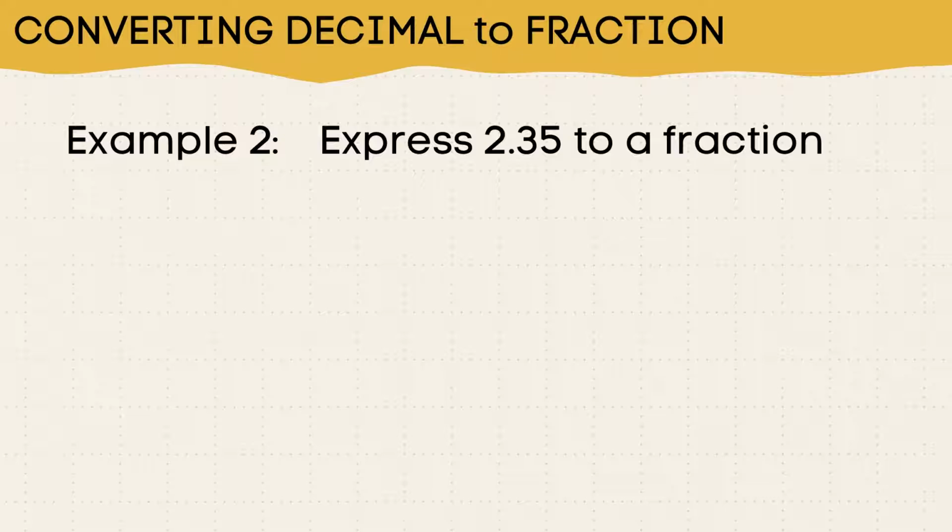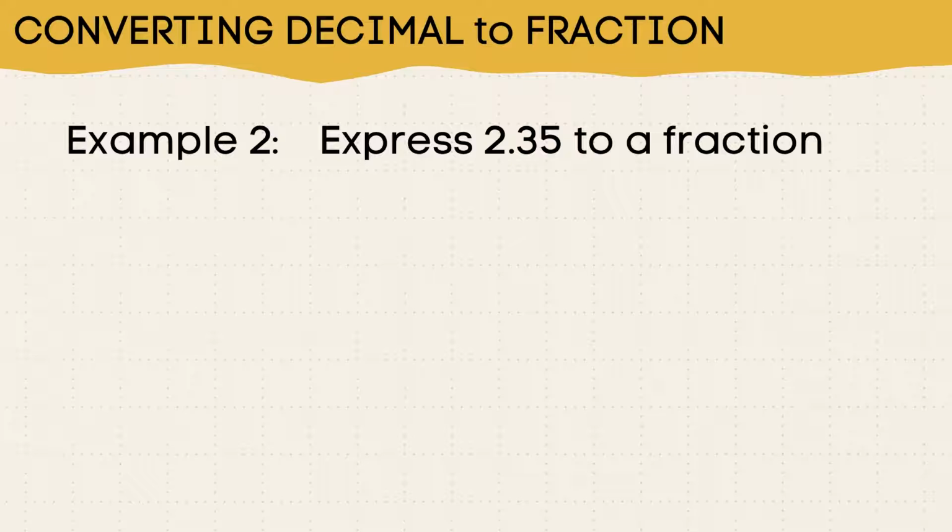Okay, so the next example is 2.35. So we are going to express 2.35 as a fraction. How are we going to do that? So as you can see, it is quite different from the previous example because we have the whole number part, which is 2.